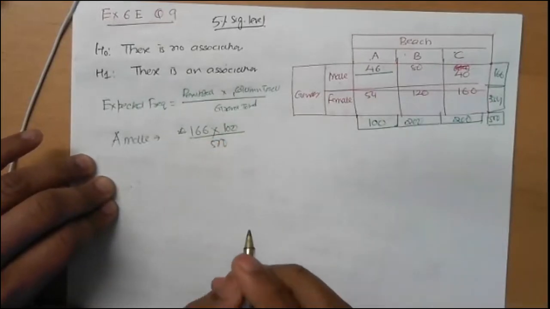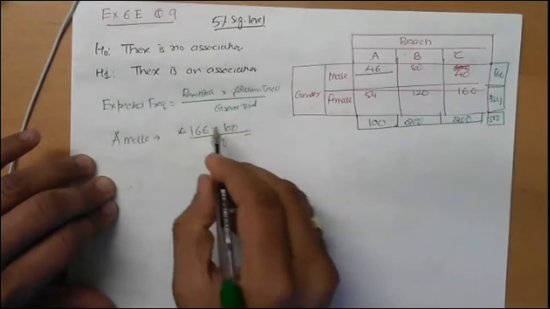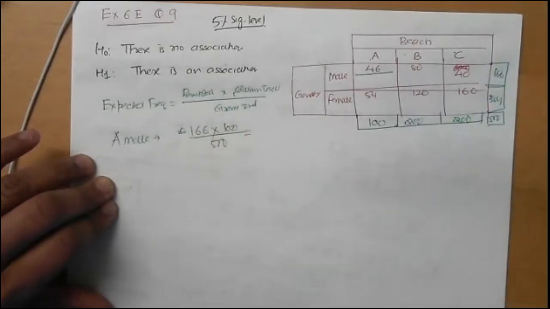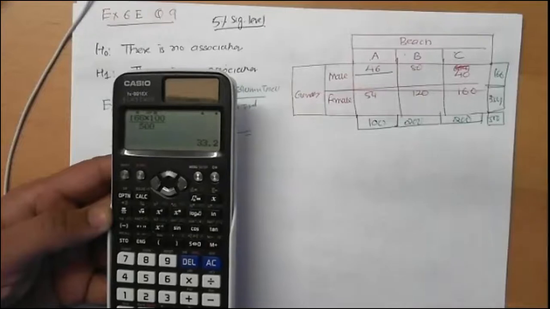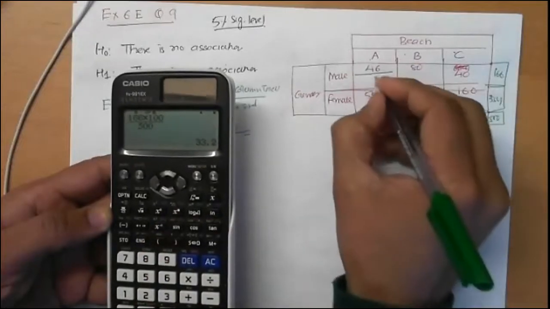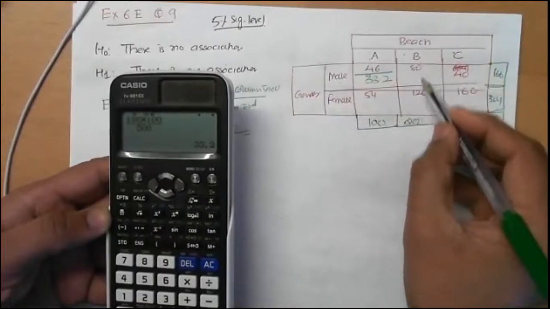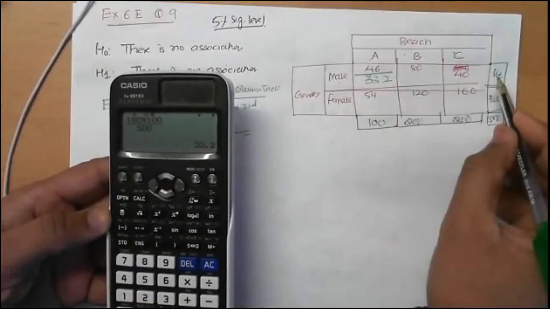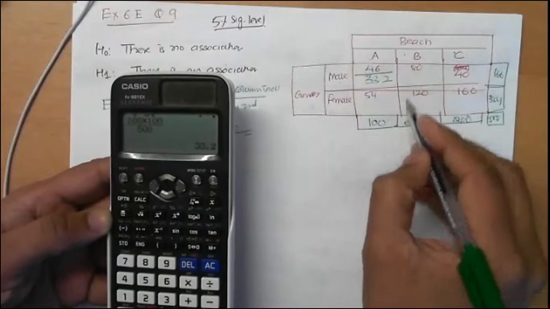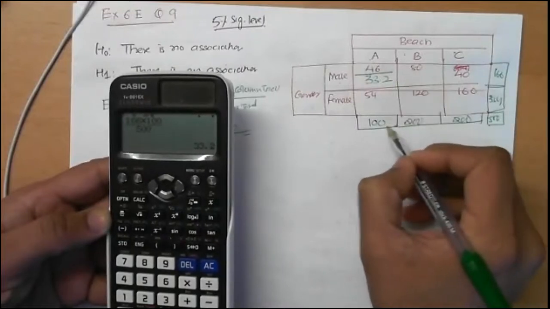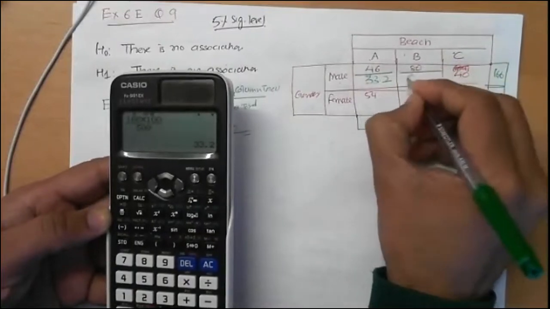Let's work it out, guys. This comes out as 33.2. Similarly, for this one, 200 times 166 divided by 500. The only difference is 100 to 200, so it will be double, I think, 66.4.